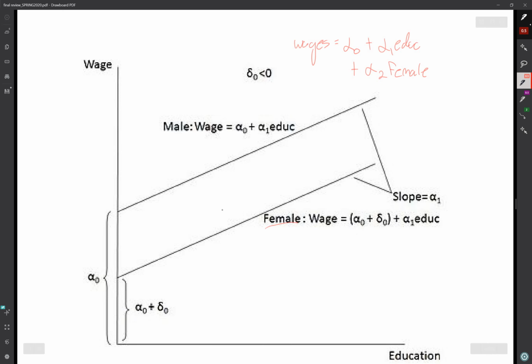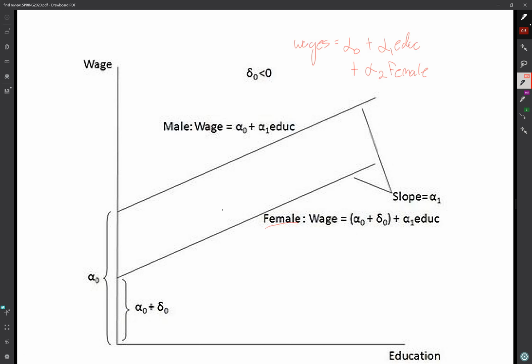Okay, if we ran this, we could see what this regression line would look like for a female population or male population. Remember what we talked about as far as omitting a variable. We're not including a variable for male, so we've omitted that. That means male is our base category.